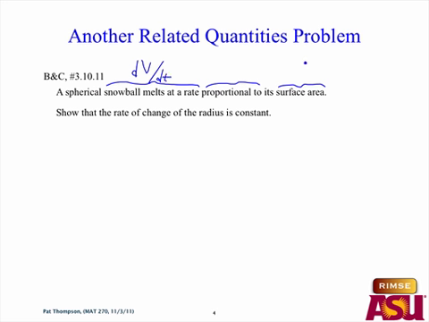Surface area, let's call it A. So what it's saying is this rate of change of volume is proportional to surface area. So how would we write a relationship mathematically if this quantity is proportional to this quantity? Any ideas? Jerry? dV dt equal to A. So if they're proportional, they're equal.